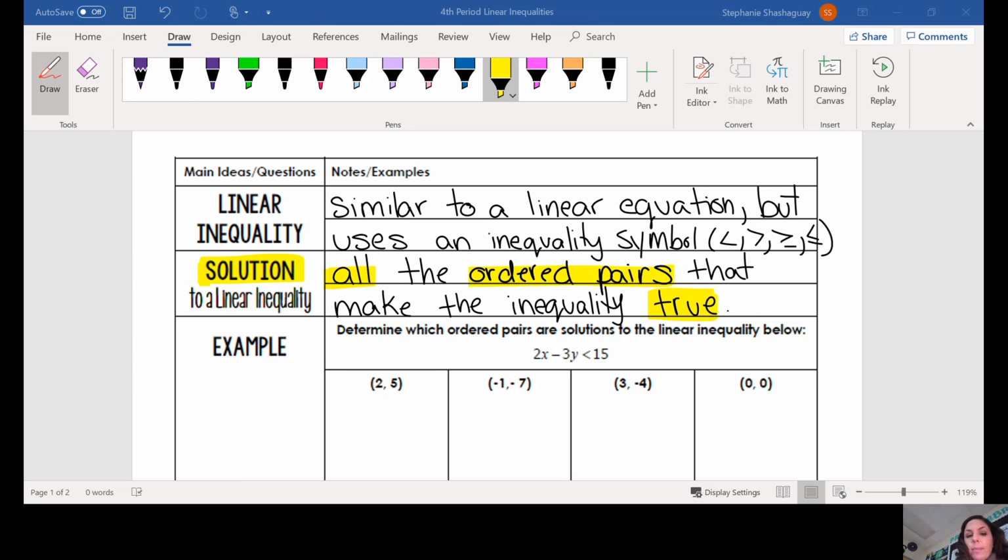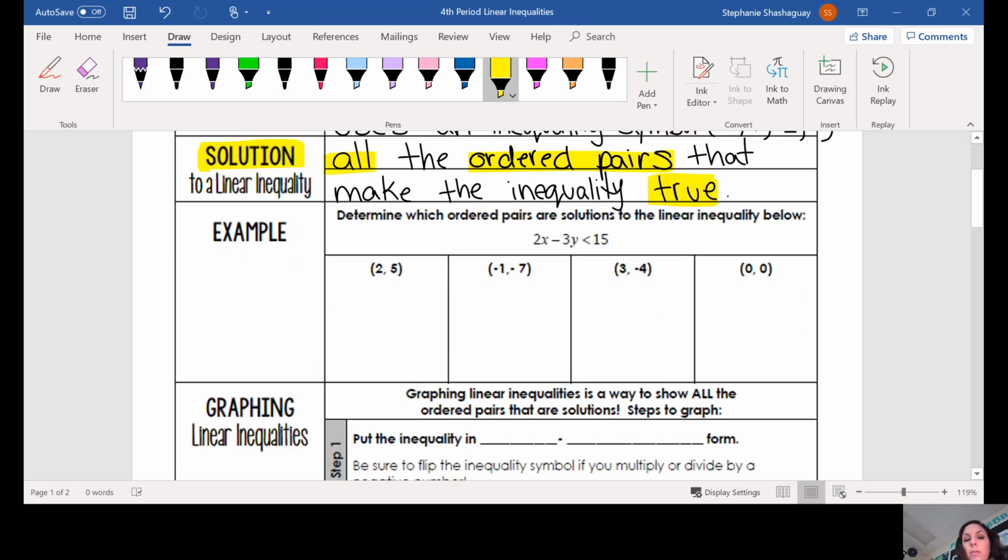So to give you an example, we have to determine which ordered pairs are solutions to the linear inequality below. So looking at all of these solution sets that they provided to us, which one is going to make this equation right here true? Well, that's really easy to figure out because I have an x right here and I have a y right here.